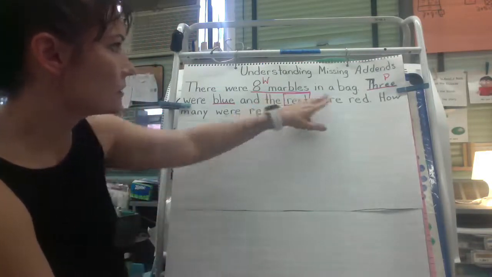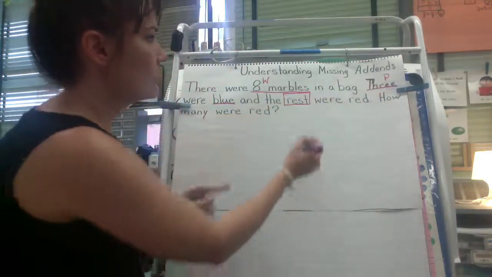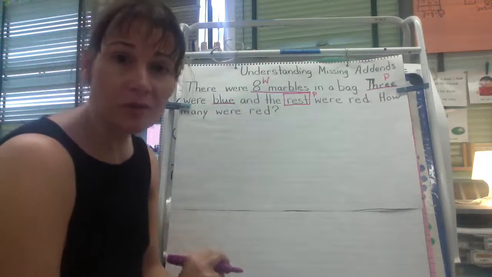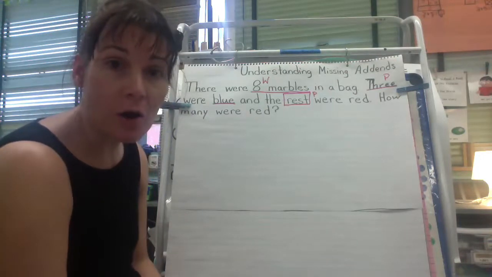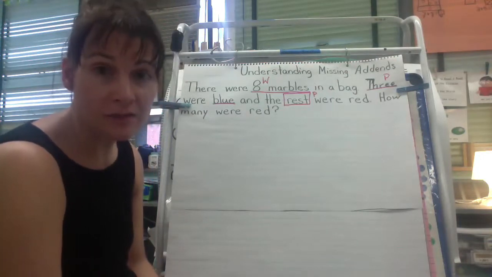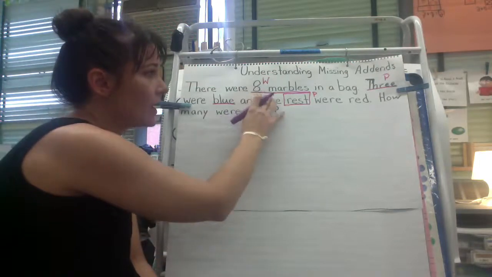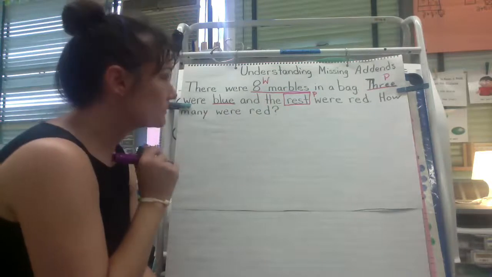So I'm going to think about this problem. I see a part and a whole. So I'm going to use a part whole mat to help me solve this problem. But first, I need to think about my equations.